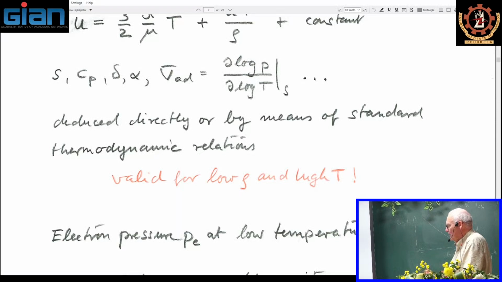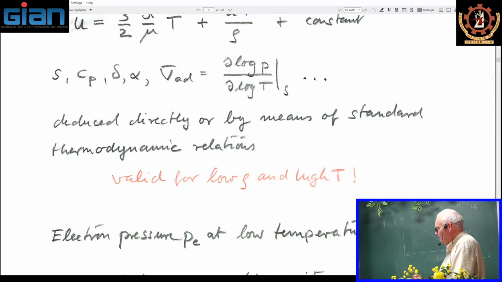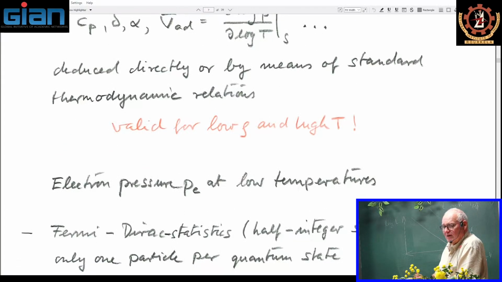So they make up a significant contribution to the pressure. What happens to them at low temperatures? Well, if the temperature for an electron becomes low enough, then we have to take into account that electrons need to be described by Fermi-Dirac statistics.